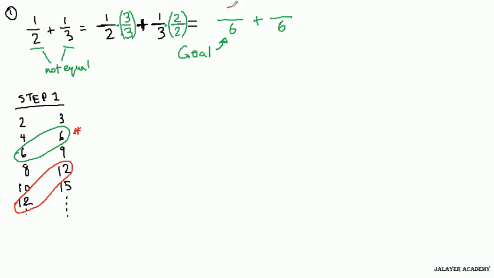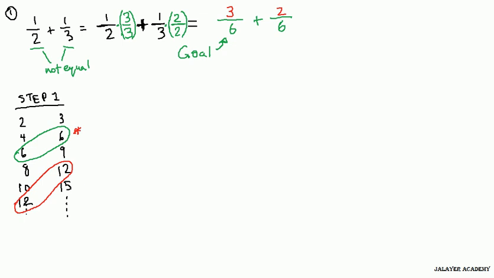So we get 3/6 plus 1/3 times 2/2, which is 1 times 2 is 2, and 3 times 2 is 6, which we already had. This was our goal, the denominators being 6.